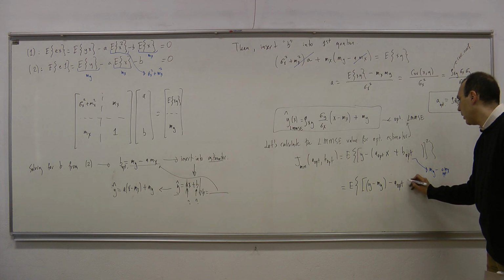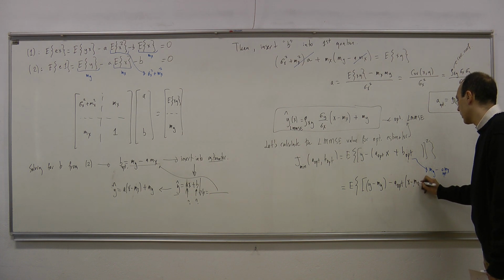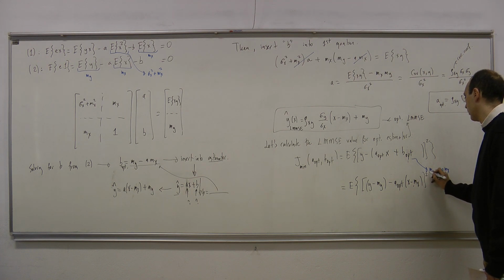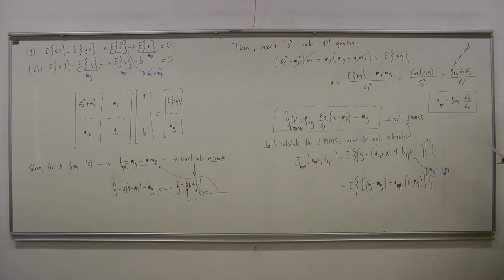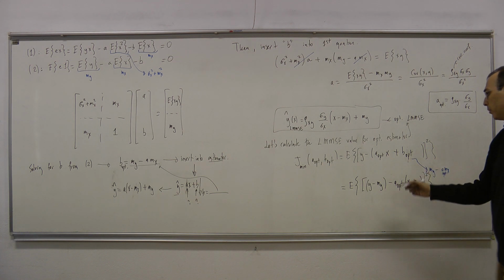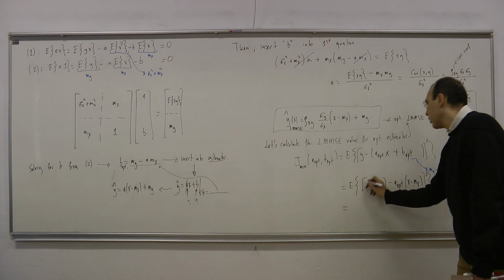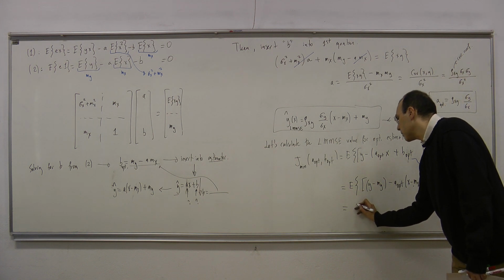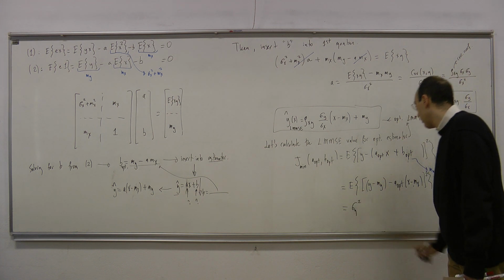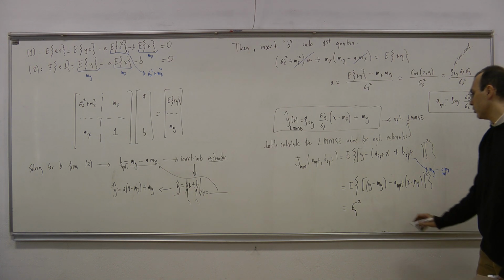So I have A_OPT times x minus mu_x. Is this correct? Something like that. So I should take the square of this, and if you take the square and take the expected value, you get sigma_y square. So how about this?